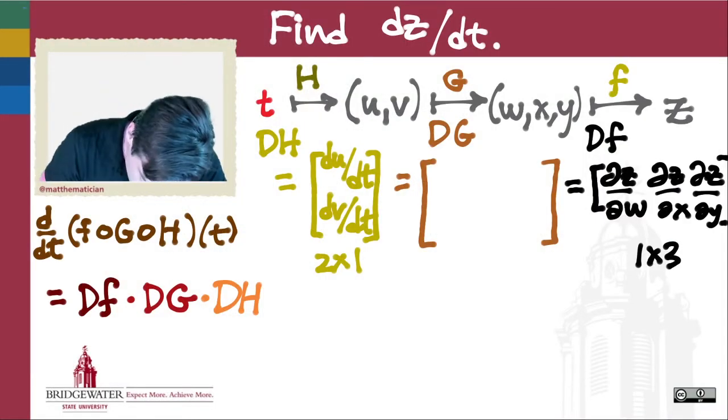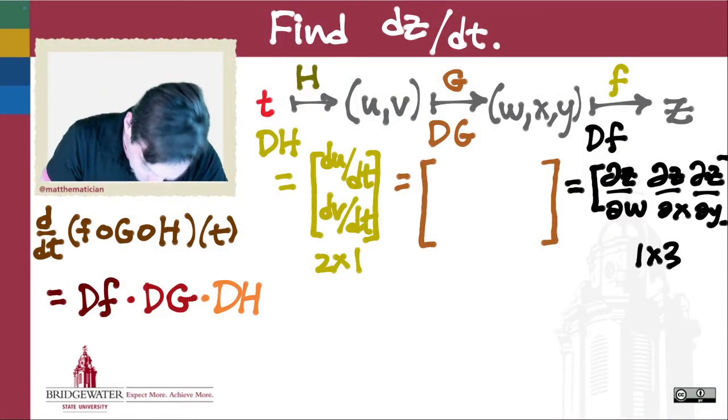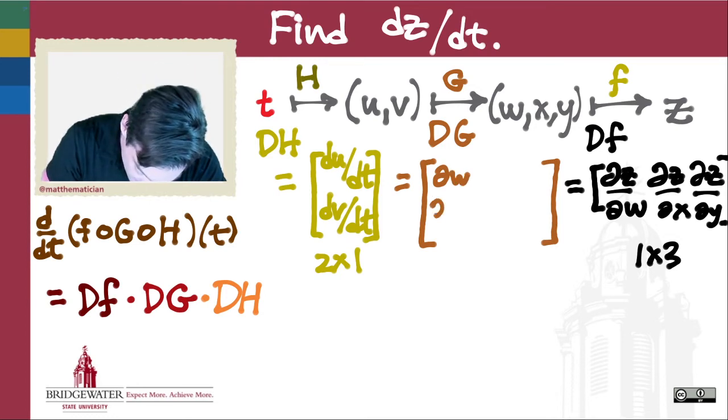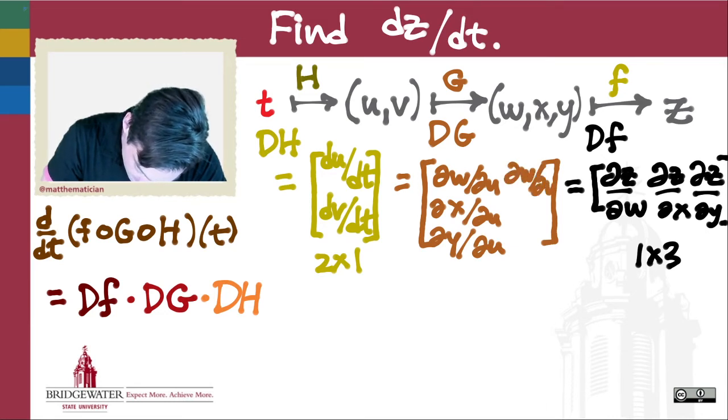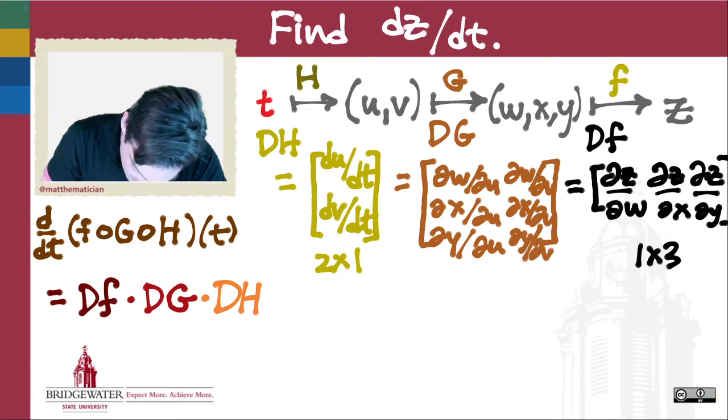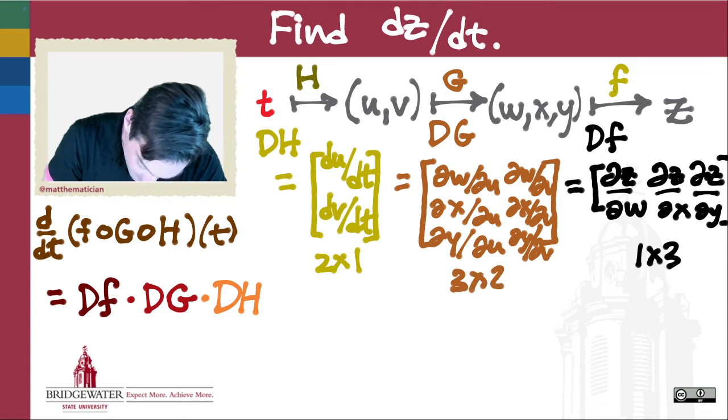The entries are the derivatives of w, x, and y with respect to u, and then with respect to v: dw dv, dx dv, and dy dv. That matrix then has 3 rows and 2 columns.